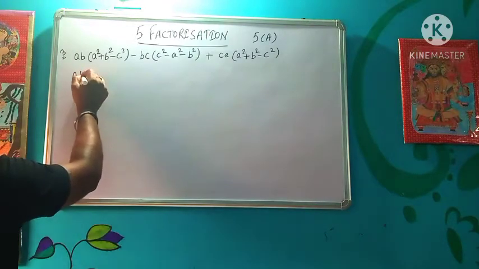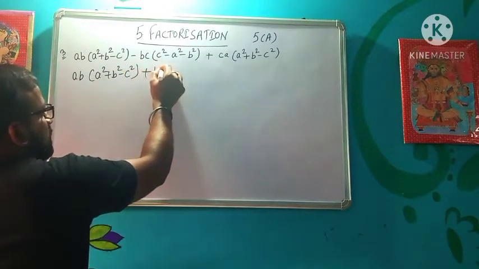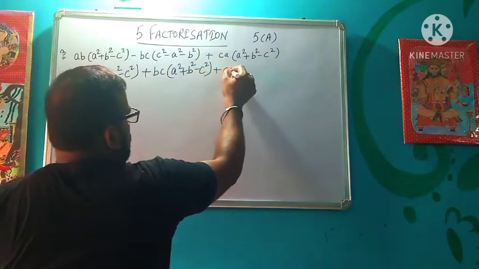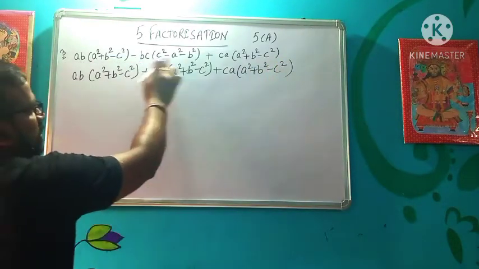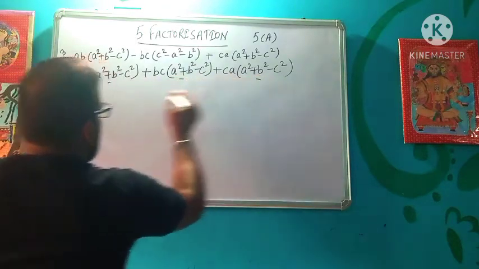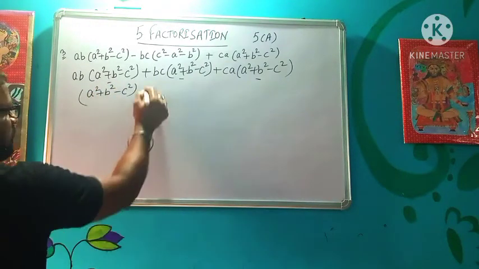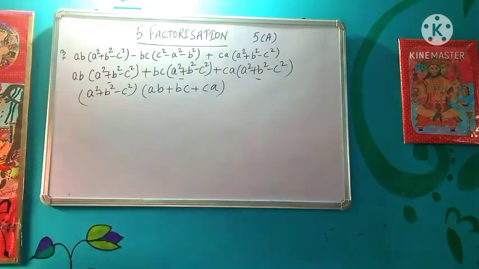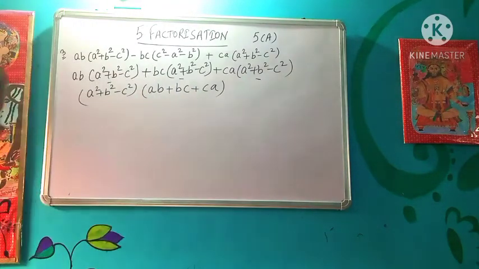By multiplying with the minus sign inside the bracket, all the signs are changed. Now this is the common term everywhere, so this will be taken as common. Nothing is common now, so finally we are left with a square plus b square minus c square into ab plus bc plus ca.